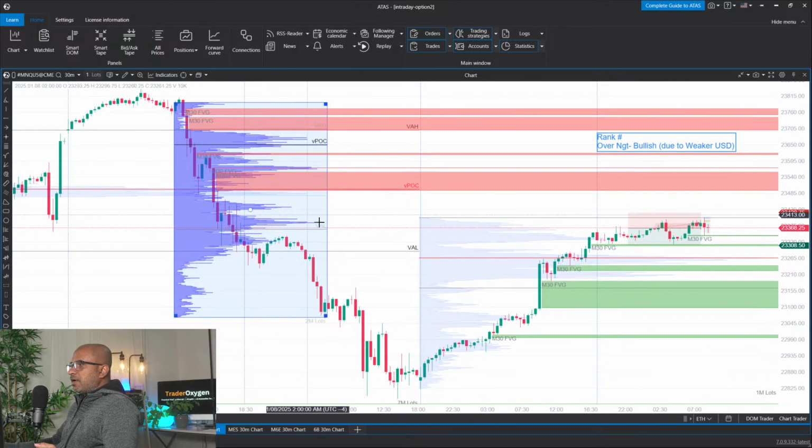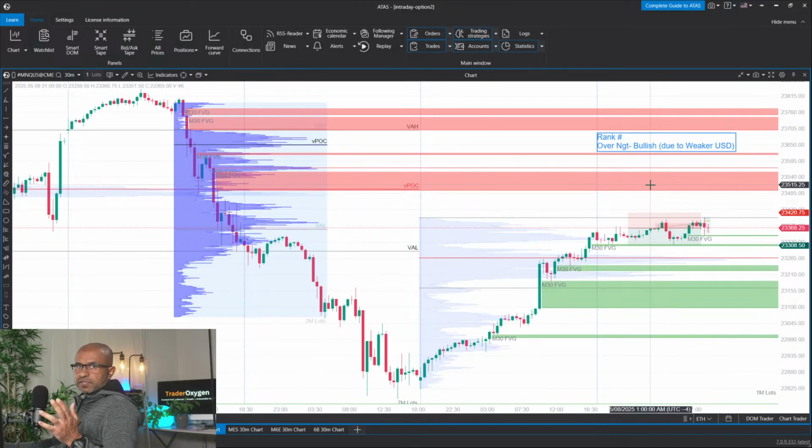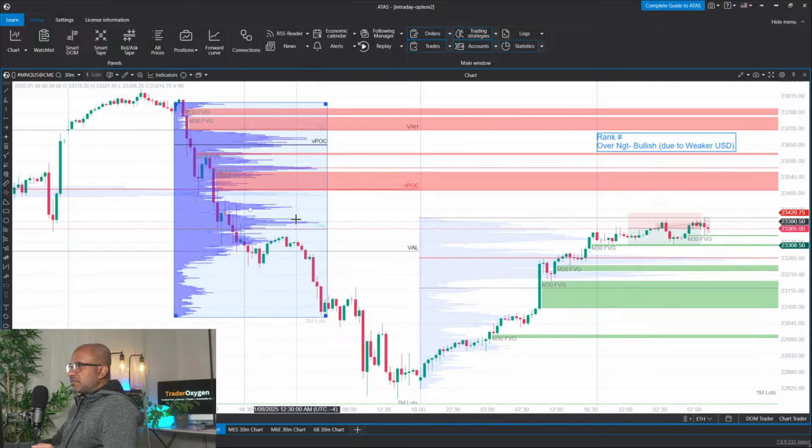Because of that reaction, even though it's bullish, this high volume cluster is acting like resistance over here. That is why we did not take a buy entry over here, right?